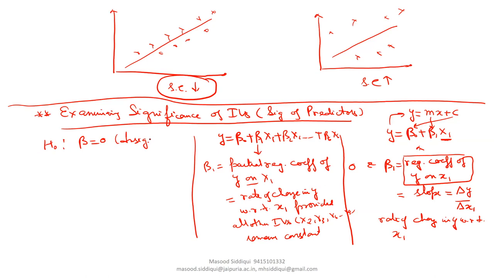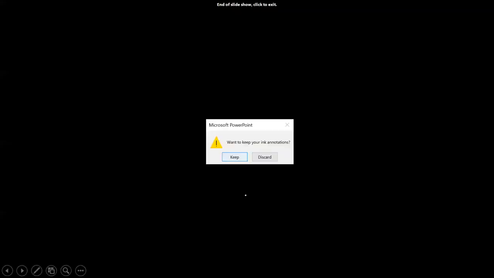If beta is insignificant, the relationship of that predictor with y is insignificant, that is, it has no impact. H1 is obviously opposite to H naught: beta is not equal to 0. We perform this testing using the t-test for all the regression coefficients.